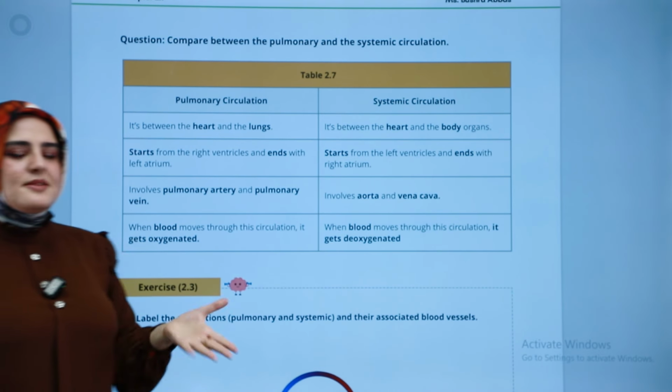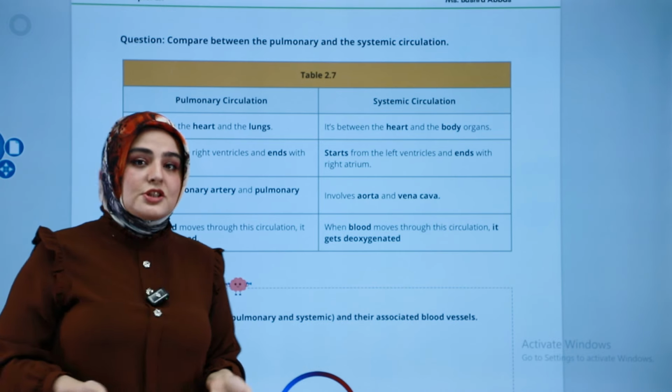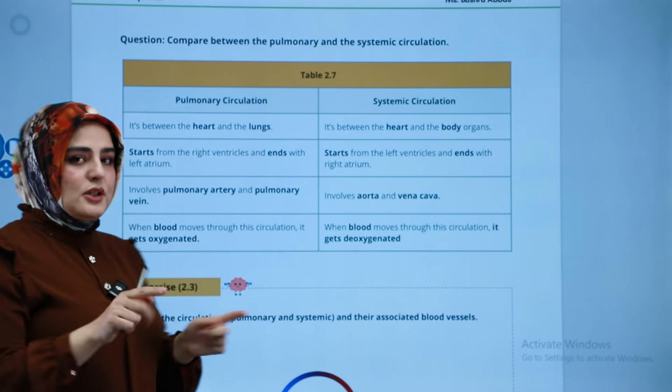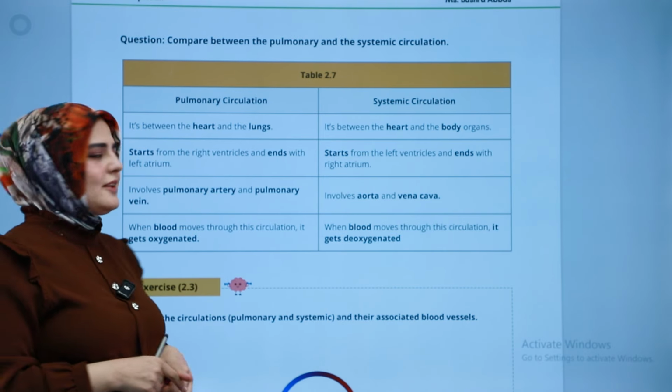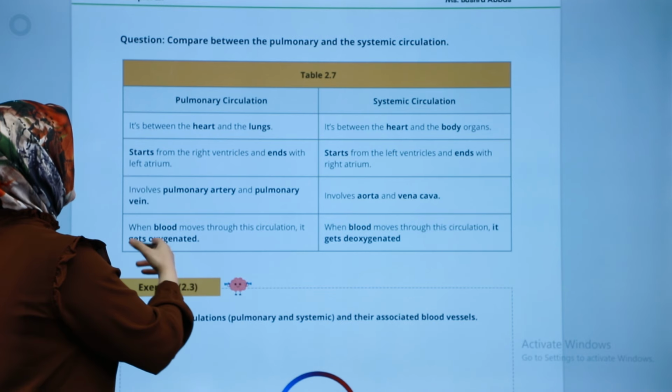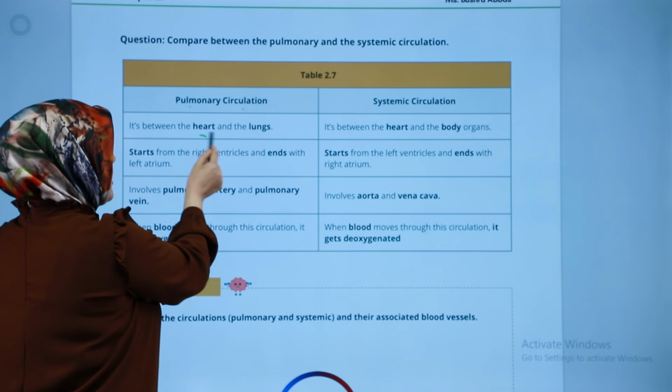This is some comparison between these two systems. That makes it easier for you to answer questions. Because if two things are close, we know that comparison questions are, most likely it's what you're going to face. So remember, in these two, pulmonary and systemic, both heart involved.